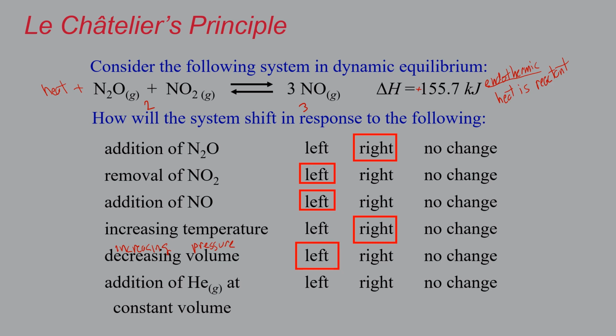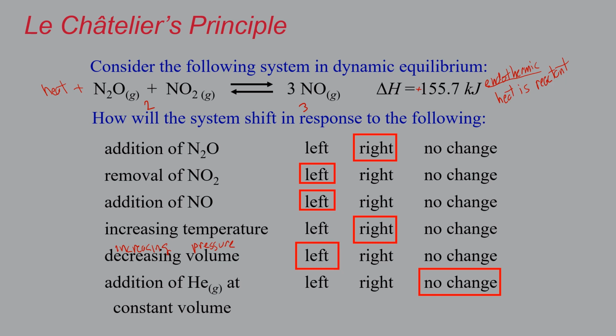Both of them are going to increase the pressure of the system, but adding the helium doesn't change the partial pressure of any of the components. You're adding something that is not involved in the equilibrium at all. So the end result here is no change.